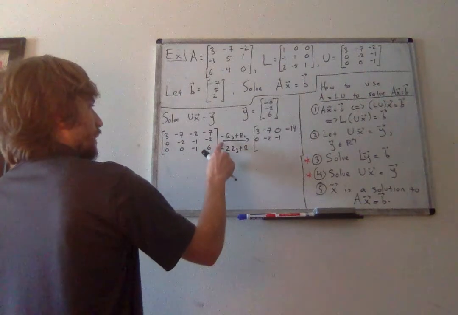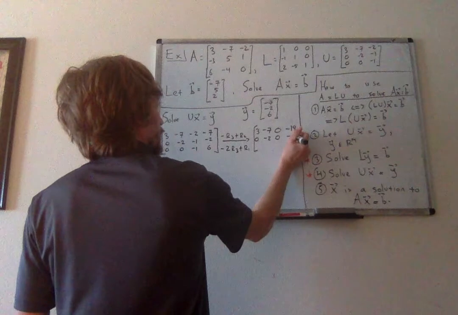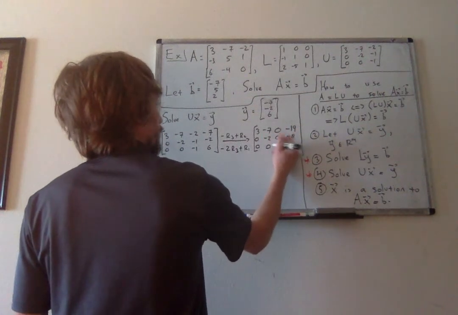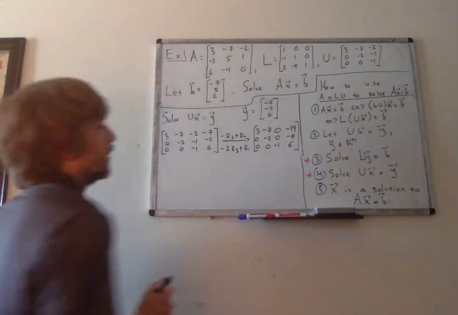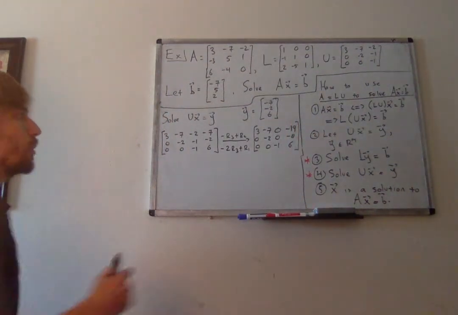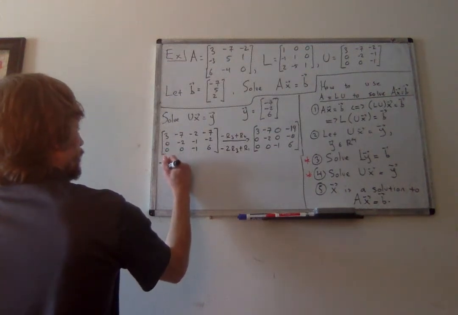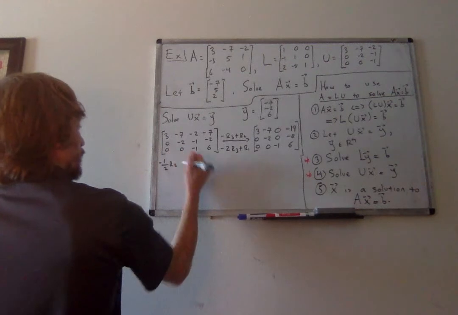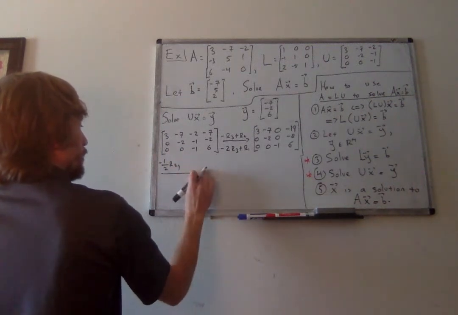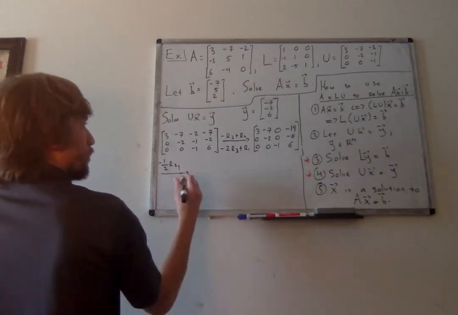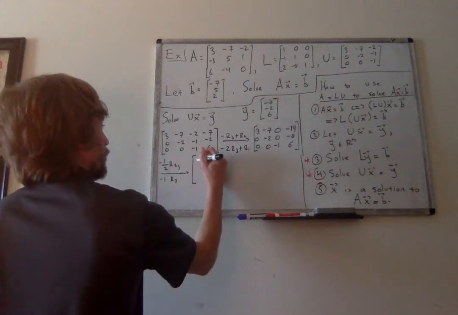And so here -6 plus -2 is, or sorry, that should be a 0, -8, 0, 0, -1, 6. And so now I'm going to divide row 2 by -2 and multiply row 3 by -1 to get the following matrix.